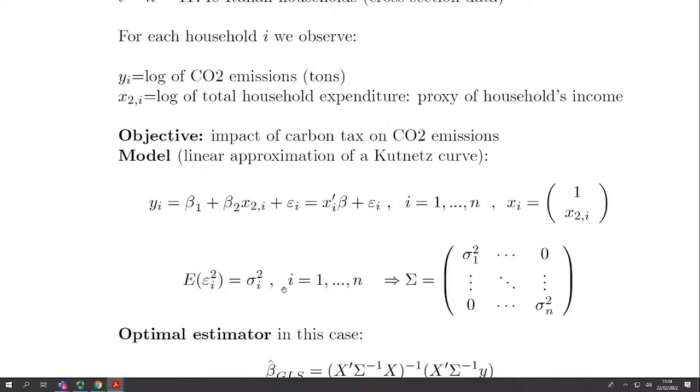And we know that the implication of this assumption is that the big sigma matrix will be something like this. So we have uncorrelation, zeros off the diagonal, but we have different elements on the main diagonal.